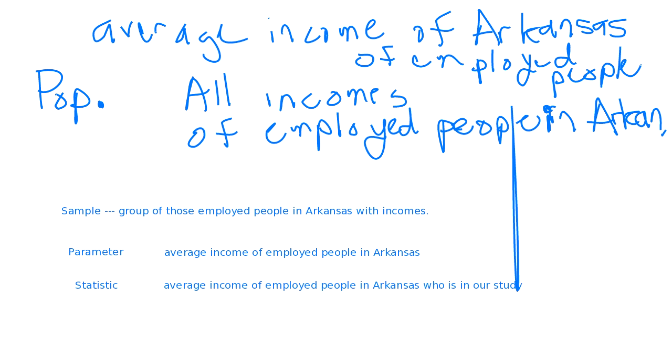Now, how do we pick those people? We don't know yet, but so far we just pick a group, and it's just a subset of our population. So the parameter is the big picture, and the statistic comes just from the group that we're studying.